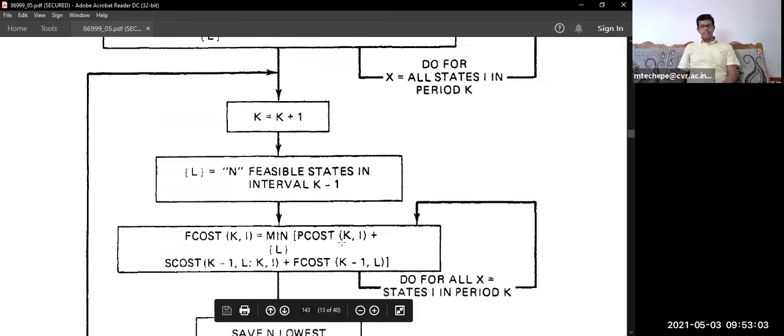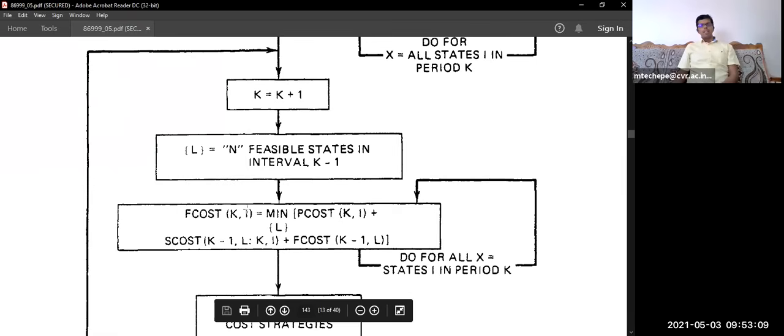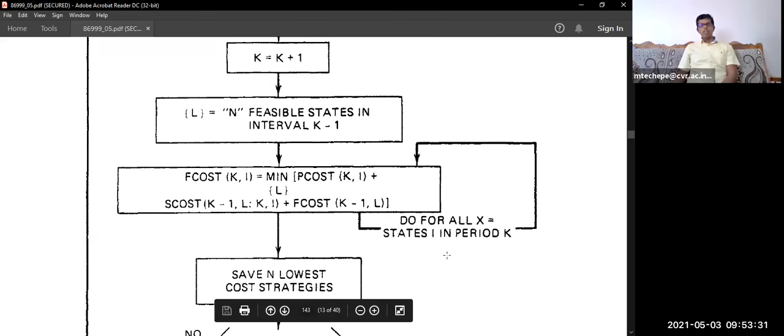Next we calculate F cost again: F cost of k comma I is the minimum of P cost of k comma I plus S cost of k minus 1 comma L to k comma I plus F cost of k minus 1 comma L. Again, we do this for all states I in the period k.